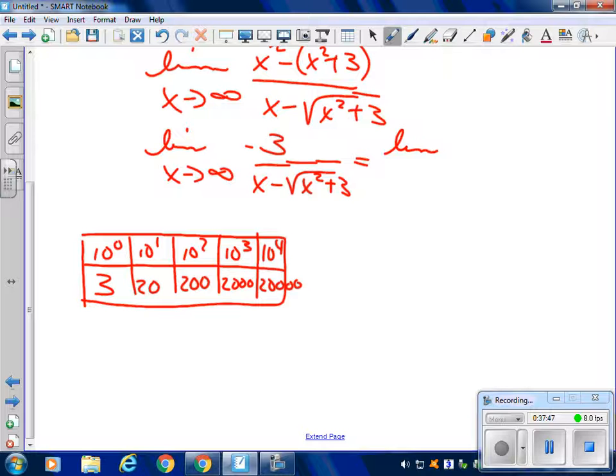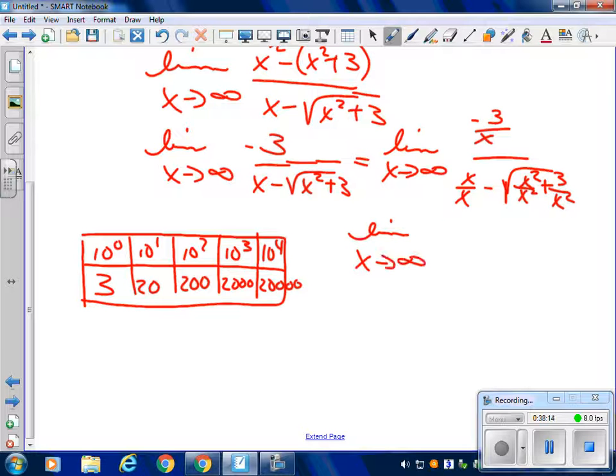The limit as x approaches infinity. Now remember, you take the square root of the inside, that's x. The highest power in this problem is x. Does that make sense? So I put negative 3 over x over x squared over x squared plus 3 over x squared, because remember, when you put it back in the radical, you got to square it back. That'll give me the limit as x approaches infinity of negative 3 over x.